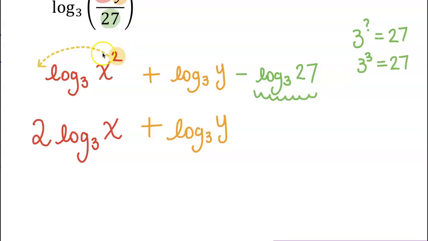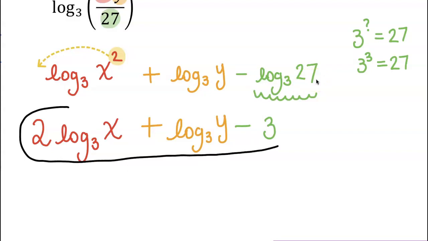So this green underlined log base 3 of 27, we should simplify that because we know how to evaluate it. We can simplify that as just 3 because 3 to the third power equals 27. And that's where we should stop for this problem.